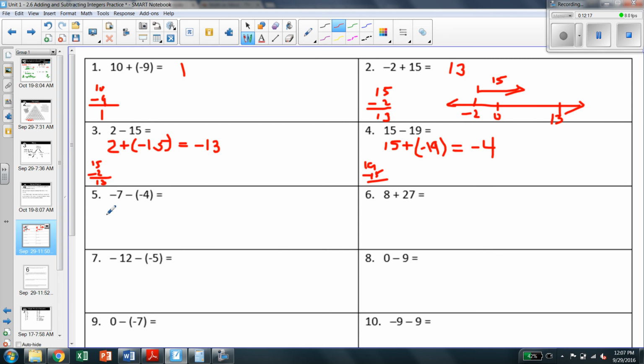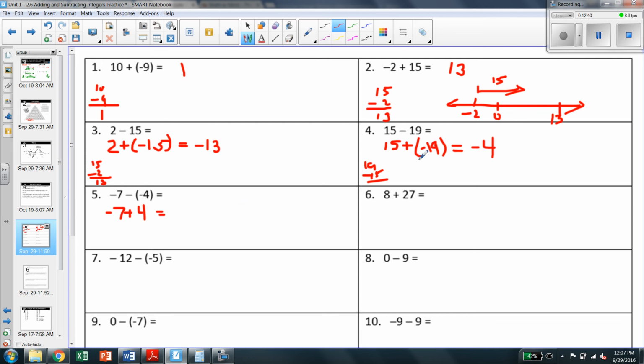Another one. Rewrite. This time a negative is being subtracted, so instead of doing minus a negative, you can say subtracting a negative is the same as adding a positive, and I rewrote my problem.